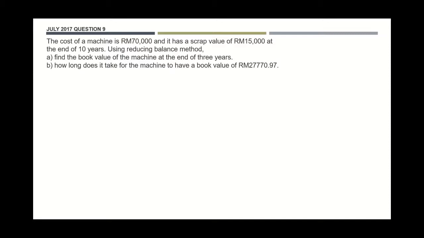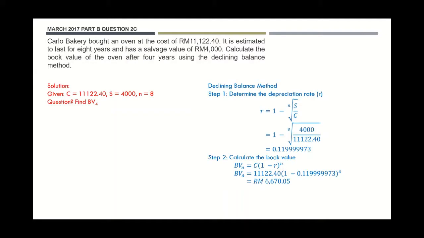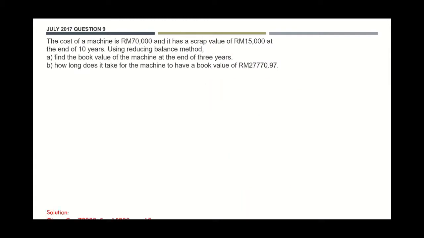27,770 ringgit 0.97 cent. So as usual, whenever we want to solve the problems, the first thing that you need to do is to find the given information. So in this case, the given information is the cost 70,000 and then the scrap value to be 15,000. And finally, we have the useful life N to be equal to 10.